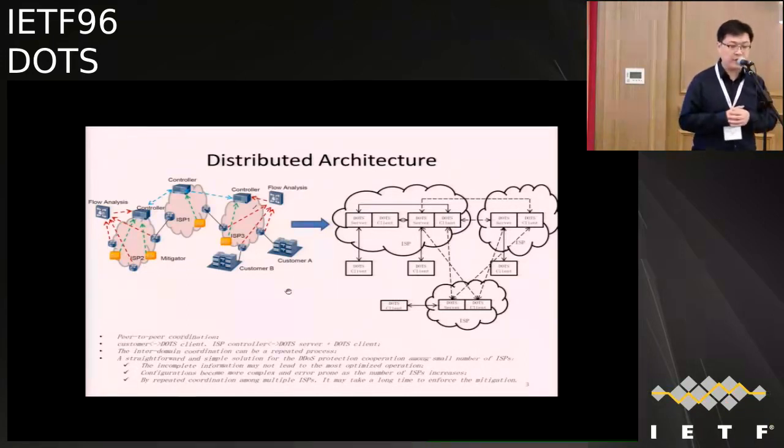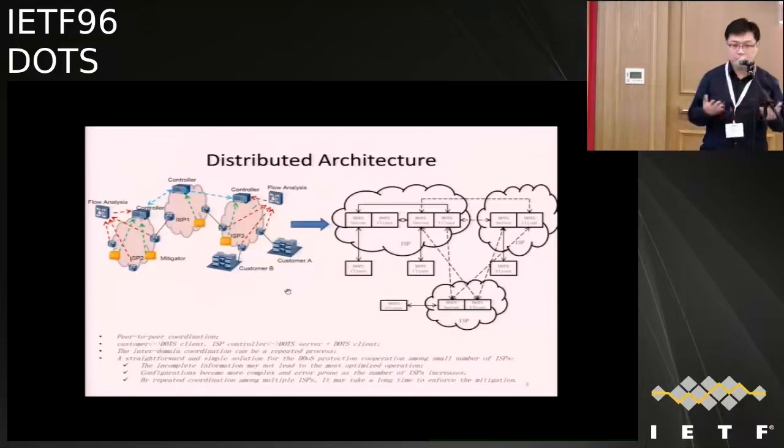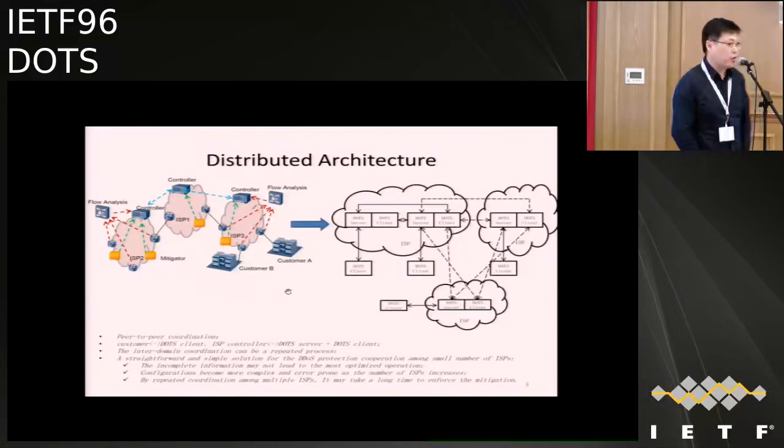But for this model, we think that there are some cons. For example, because we do not have a centralized server or something there, every operator has only incomplete information of the potential resources that it can use.